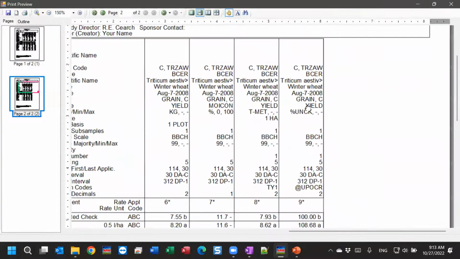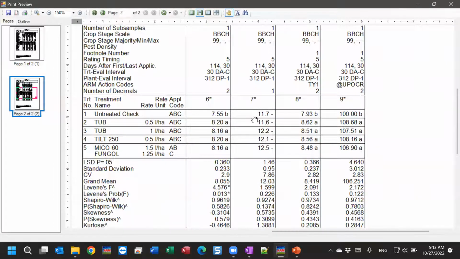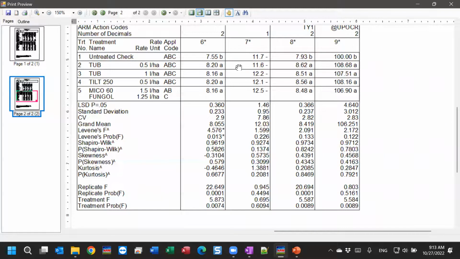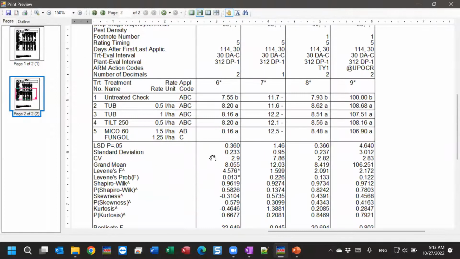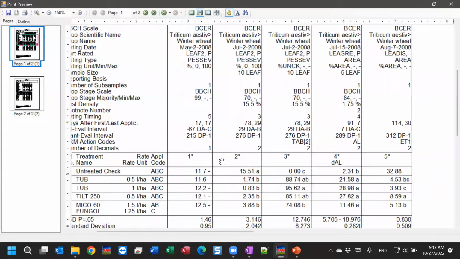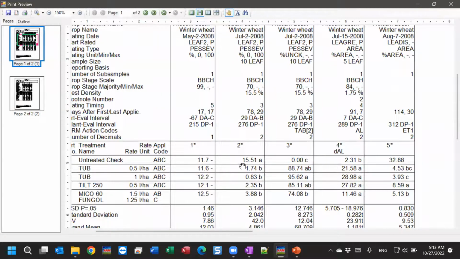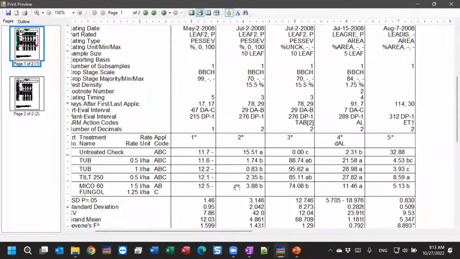I only have 9 assessments, so it's fairly short, but you can imagine the more assessments you do, this report can get a little long. But that's really the basis of your AOV report, and getting that analysis to see the results here for all of the assessments that we care about.